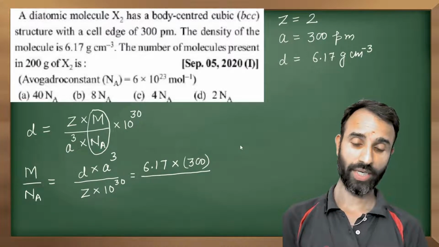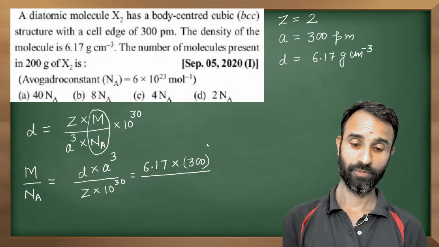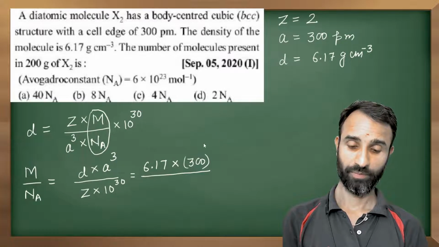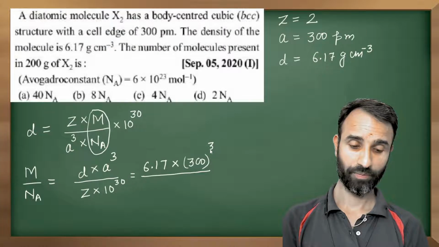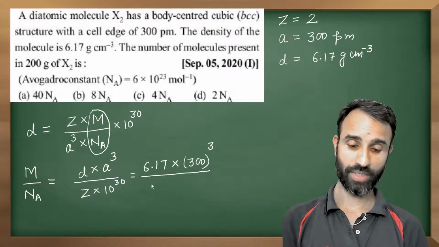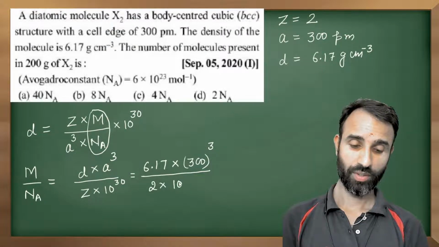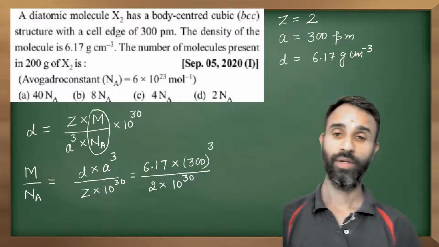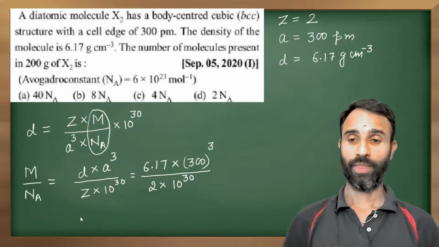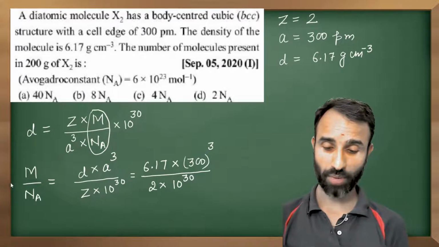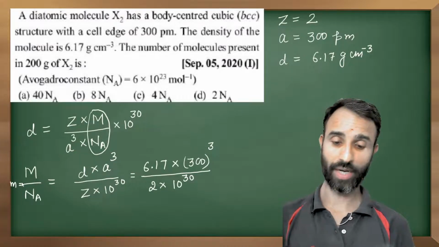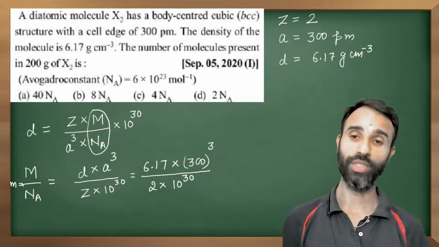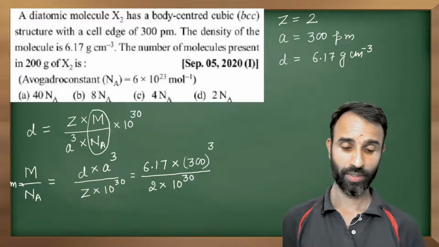So 300 raised to power 3 divided by Z, that is 2, into 10 raised to power 30. This M upon Na is the mass of one atom, right? One molecule of X2.